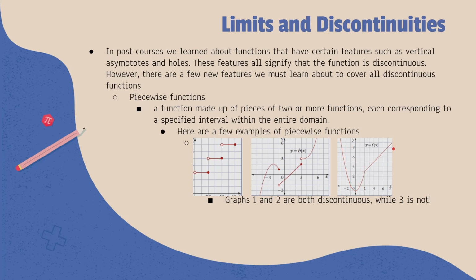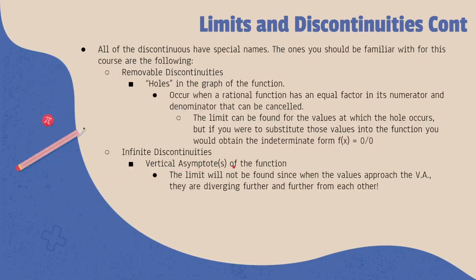If it was a hole, we're not necessarily jumping from any value because they're still following the same path. Same thing with infinite discontinuities. You're not jumping from one side of the asymptote to another because you're going to go all the way to infinity, and thus you can't really say you jumped over the asymptotes because you can never actually touch it.